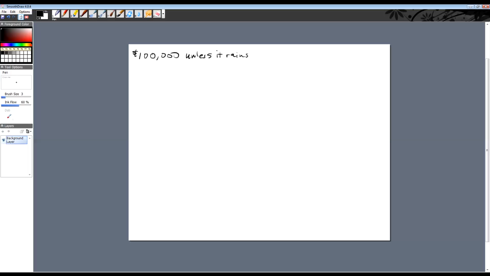which would reduce the gate profit to $30,000. So this is gate profit. If it does rain, then the gate profit is $30,000. The probability of rain is 0.25.